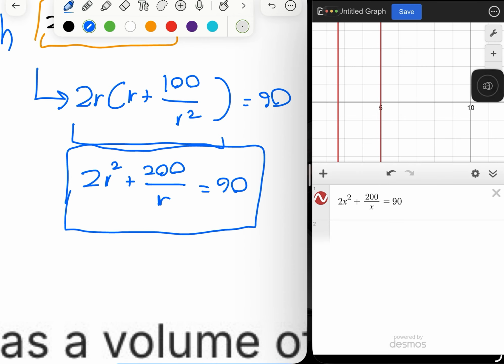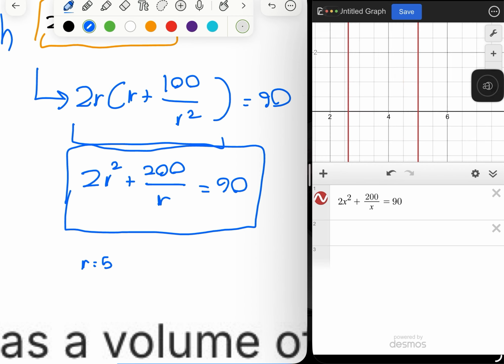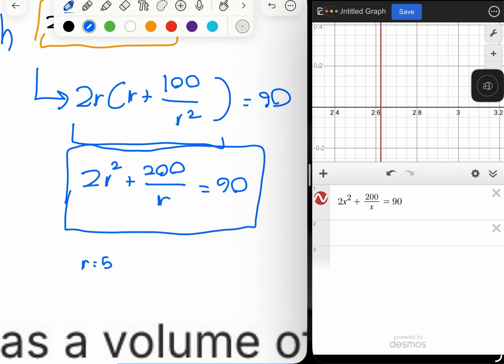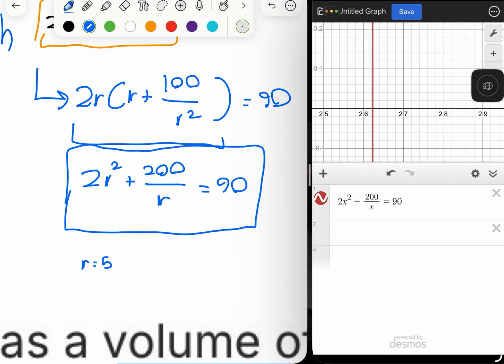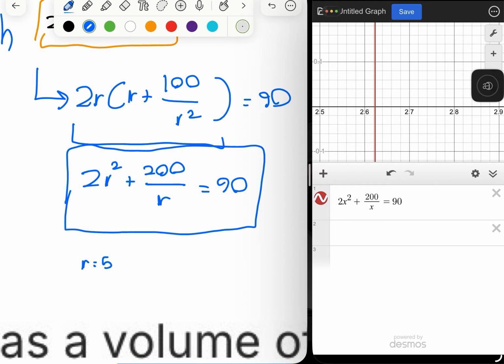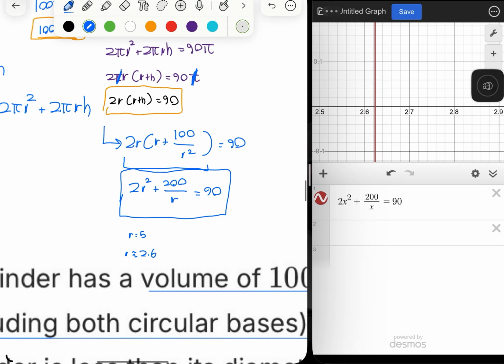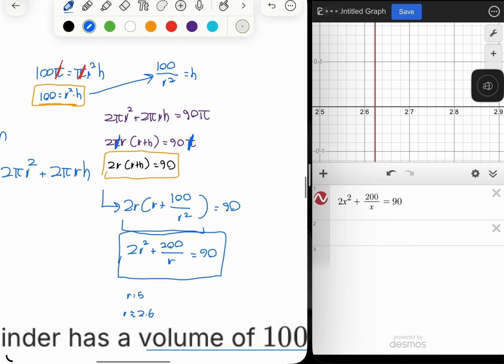One of them you can see is r equals 5, and then the other one, if you zoom in, you'll see it's around 2.6. So I'm just going to write around 2.6. Well, okay, r equals 5, let's go with that one first.